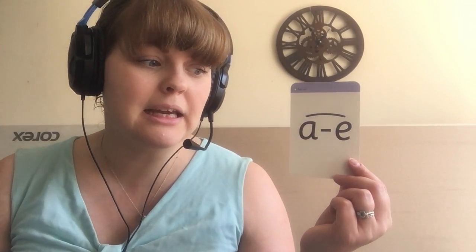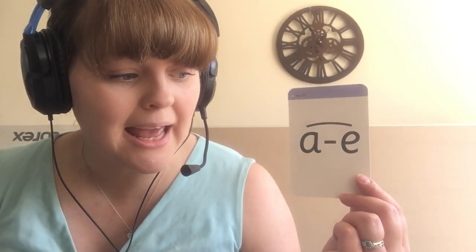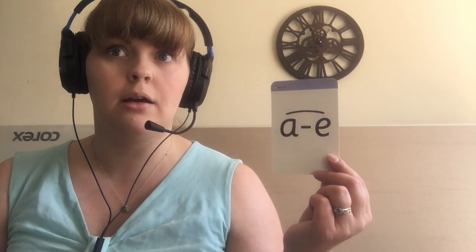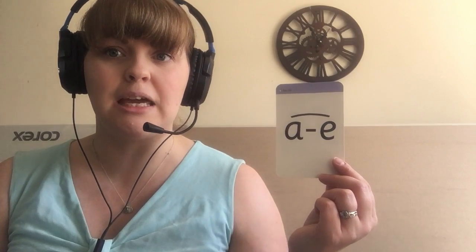So a hurricane is made when wet air from the sea makes a spiral shape. Let's have a look. A hurricane is made when wet air from the sea makes a spiral shape.